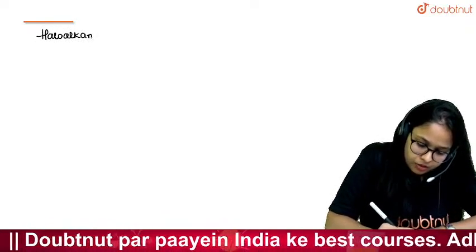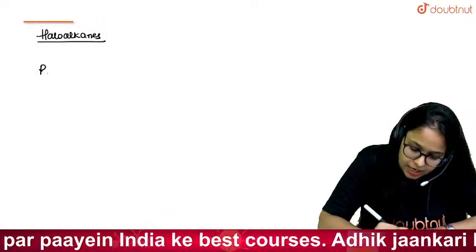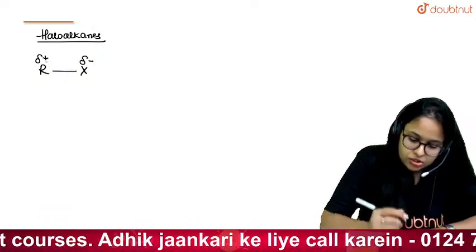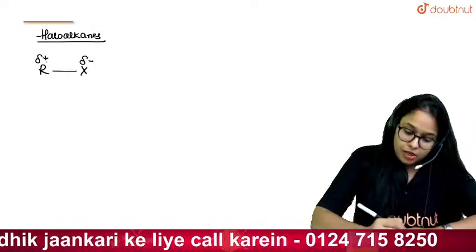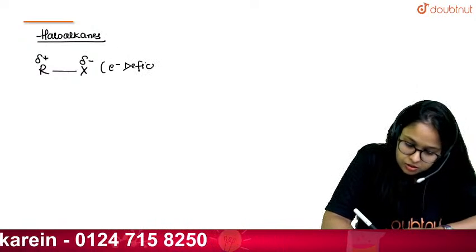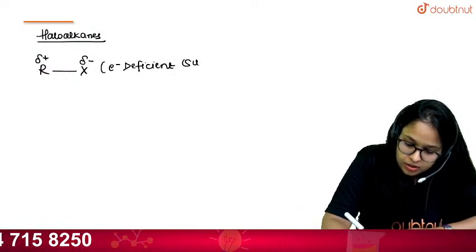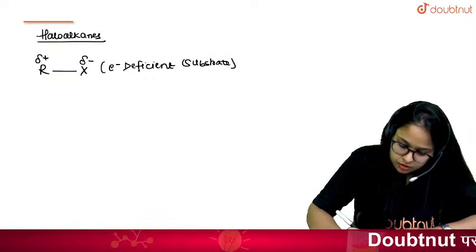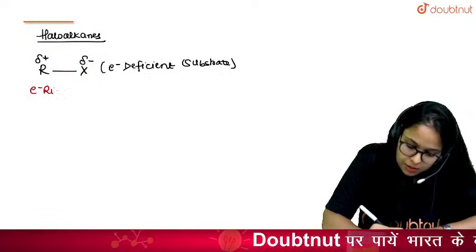As you know, a haloalkane has an R-X bond. X being electronegative develops a partial negative charge, and the alkyl R develops a partial positive charge. This is an electron deficient substrate. As already discussed, we require an electron rich reagent for it.